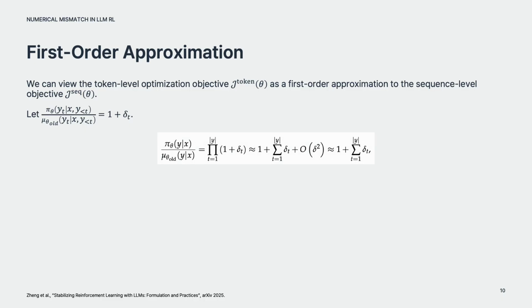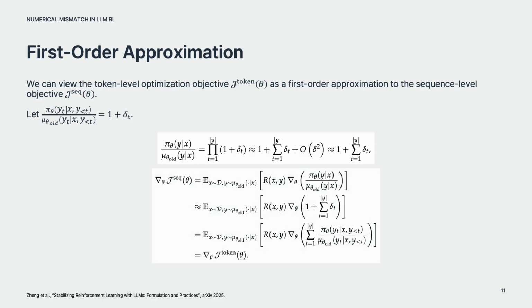Under this assumption, the sequence-level importance ratio, which is the product over tokens, can be expanded as a product of 1 plus delta t terms. Using a first-order approximation, this product can be expressed as 1 plus a sum of delta t, up to second-order error terms in delta t.